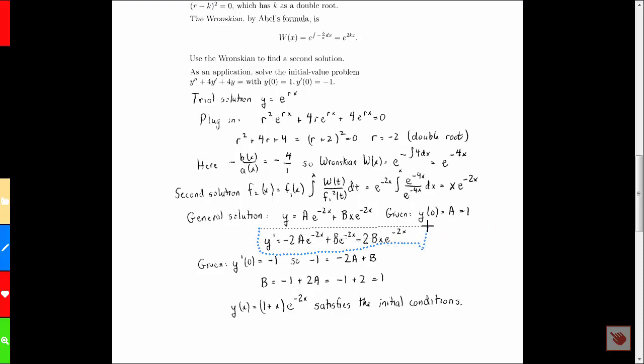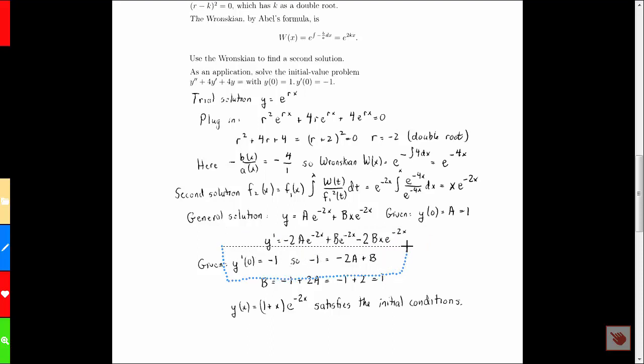It's easy enough to differentiate this solution. We get one term from differentiating a e to the minus 2x, and two terms from differentiating the product b x e to the minus 2x.